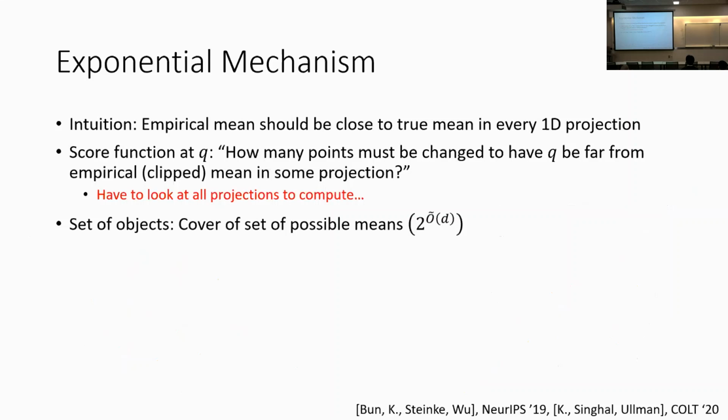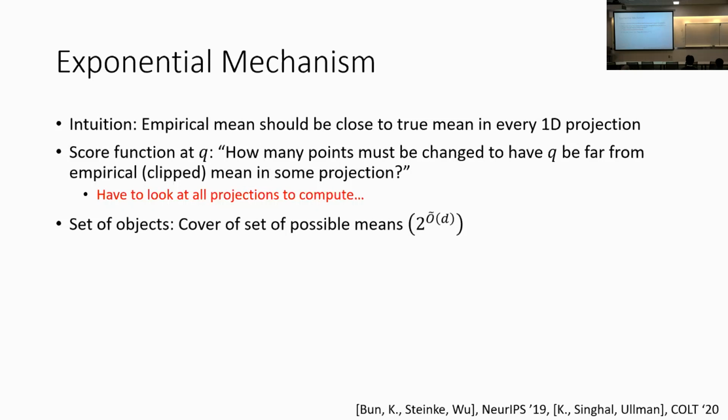The next thing is that's just computing the score function for one point. But I said you have to compute the score function for every candidate and then pick one and sample from a probability distribution. So we're going to try to pick one of these points in space to be the mean that we output, and it turns out that there's a lot of them.